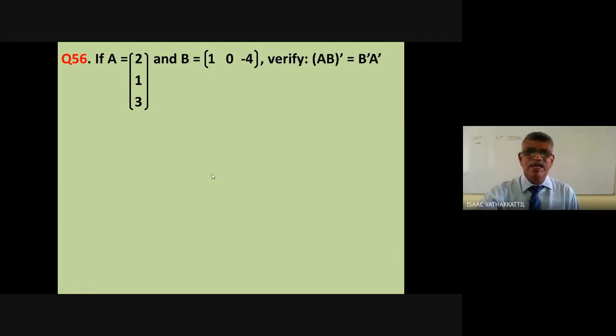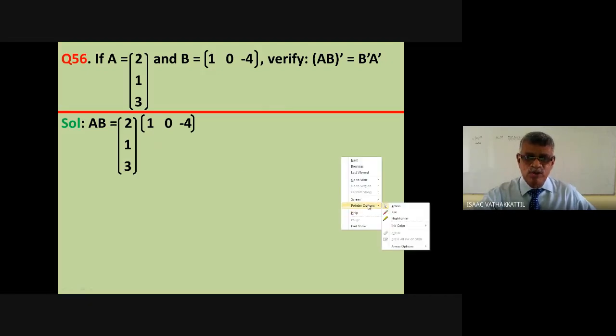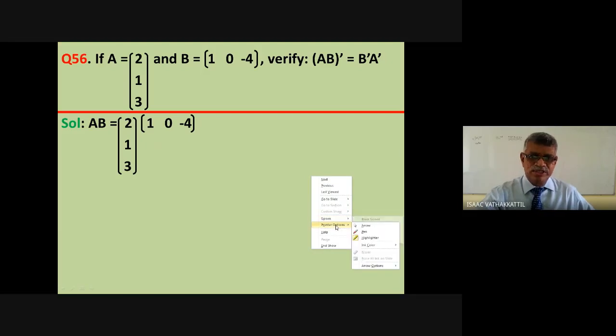First you find AB. A is 3 by 1, B is 1 by 3. 3 by 1 and 1 by 3, the product will be 3 by 3. To write the product, you write the two matrices side by side, A, B. You be careful about the rows and columns: first row, first column, first row, second column, like that. We go for multiplying. See how is the row?